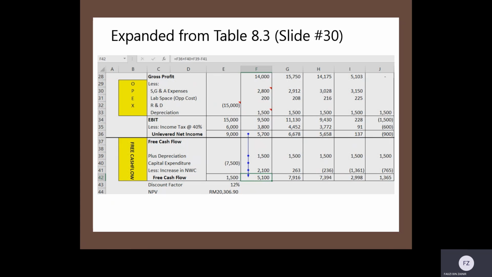Same with year 3 and year 4, when we have the minus figure here. The minus figure here is basically 137, plus depreciation, minus, since this is minus, we have a double minus, so it becomes a plus. So we have plus 1361, 137 plus depreciation, and here we ended up plus the 1361, so we have 2998.